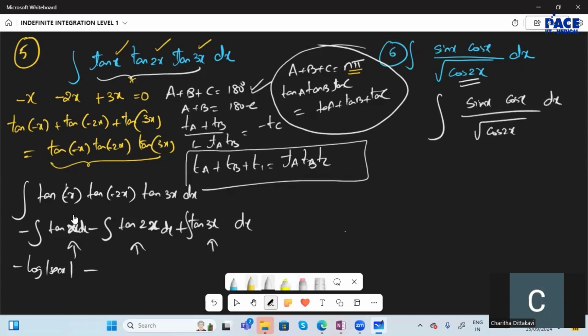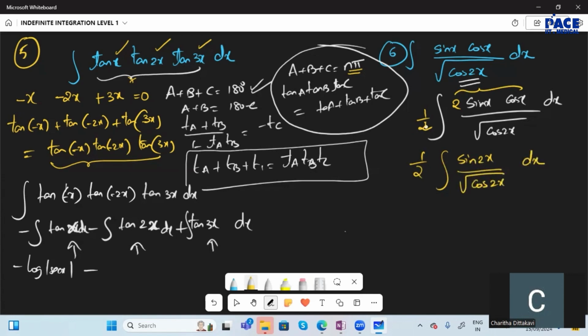We can just multiply and divide by 2 in trigonometry. In most cases, wherever you find sin x and cos x, just multiply and divide by 2, so that your sin x cos x will be changed to 2 sin x cos x, which is nothing but your sin 2x there, isn't it? So that is sin 2x by under root cos 2x dx.